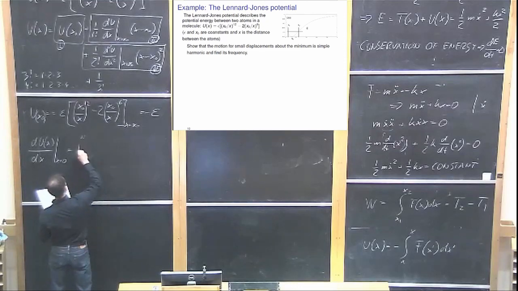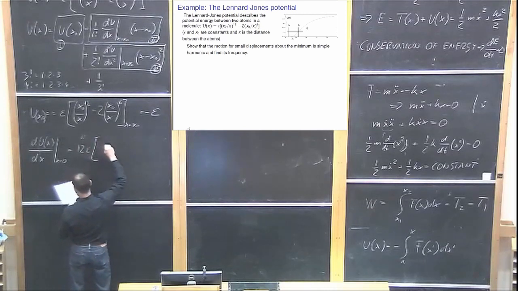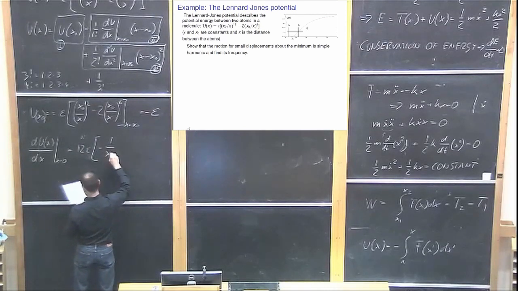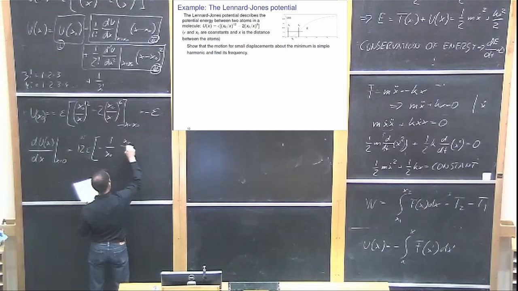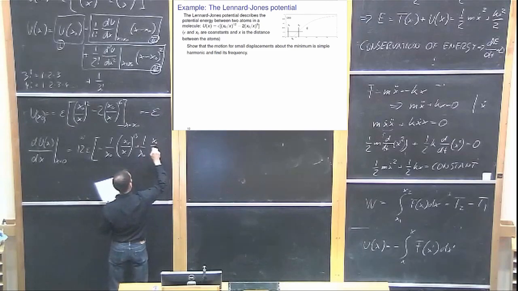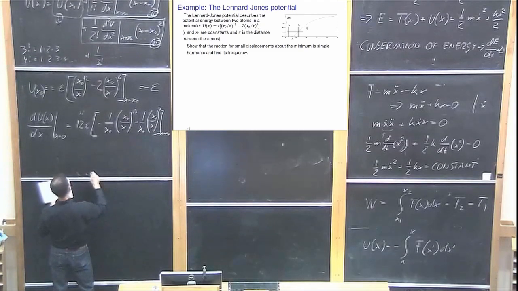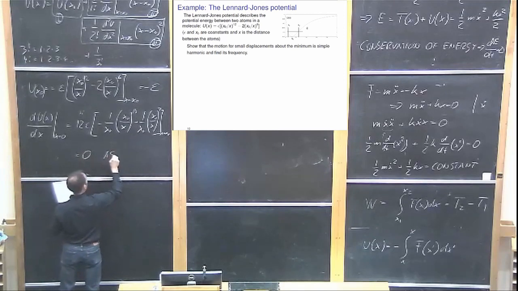So that leads to 12 epsilon times minus 1 over x naught over x to the 13 plus 1 over x naught over x to the 7, and that's evaluated at x equals x naught as usual, and that is 0 as expected.